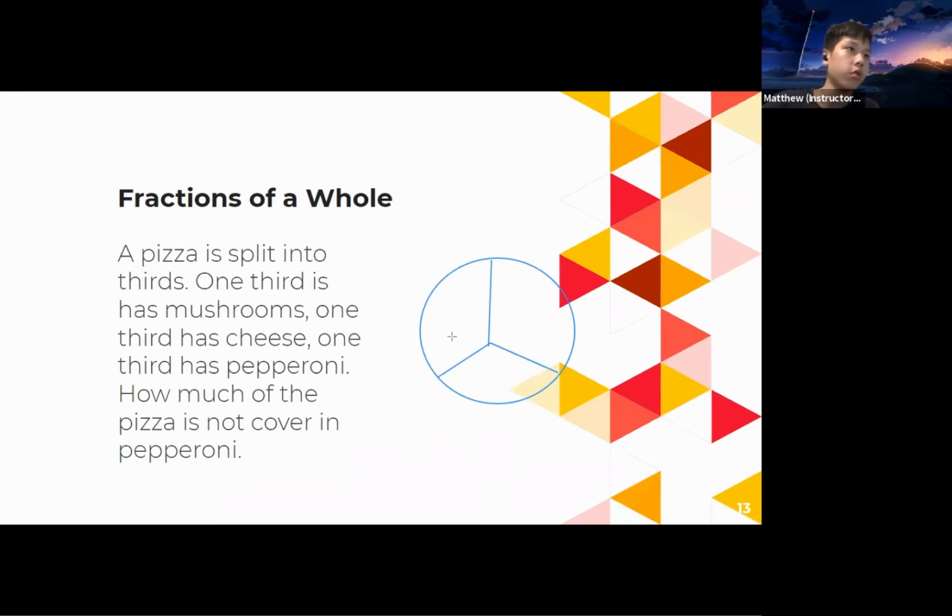If 1/3 is mushroom, 1/3 is cheese, and 1/3 is pepperoni. So, how much of the total pizza is not pepperoni?